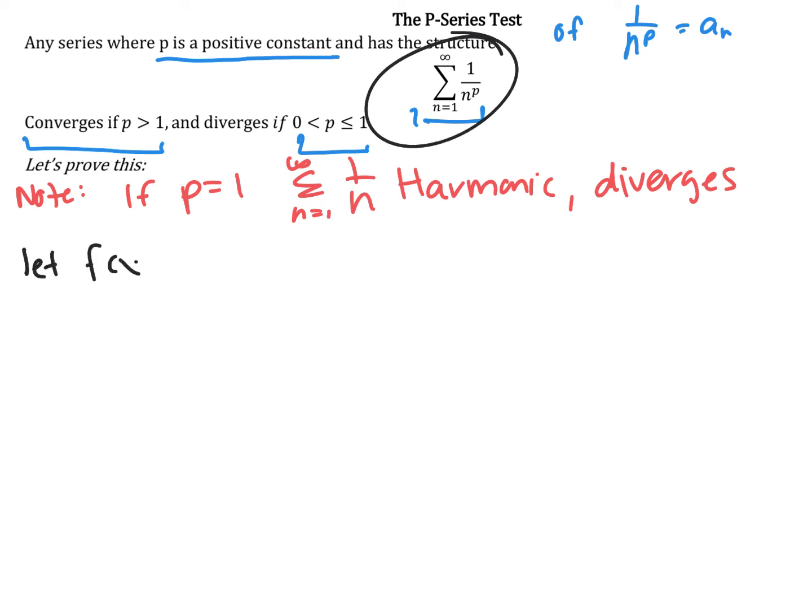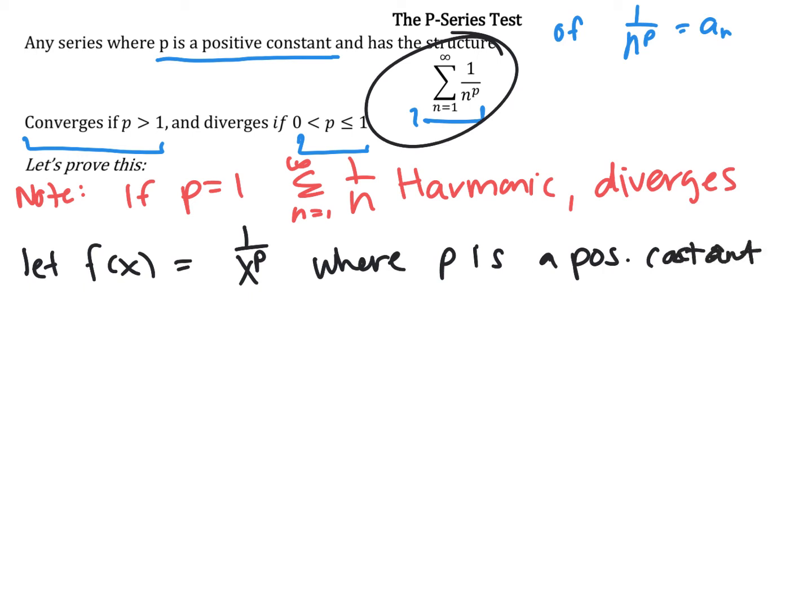Let f of x be 1 over x to the power of p, where p is a positive constant, and x is greater than or equal to 1. f is continuous, decreasing, and positive.